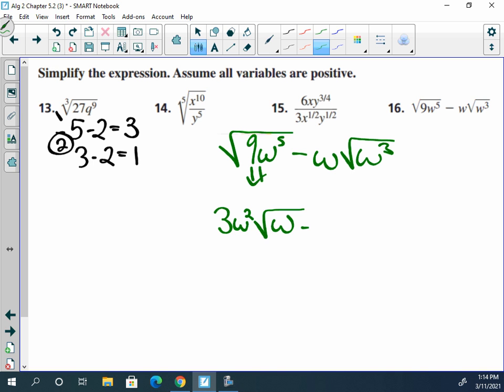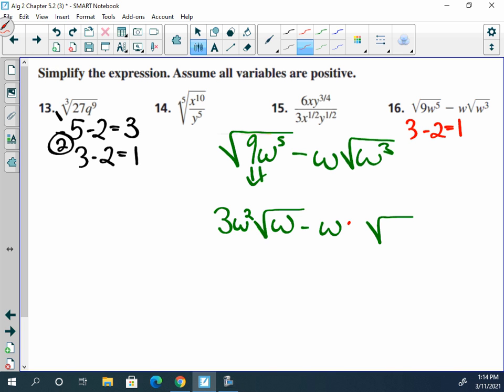Well, we have minus w times the square root of w cubed. It's not divisible by 2, so we can't just say 3 divided by 2 and get our number. But we can subtract groups of 2 out, and 3 minus 2 is 1.